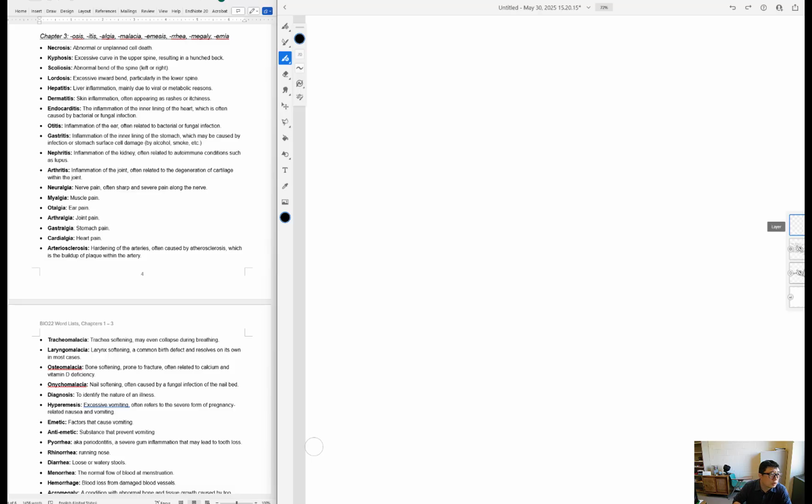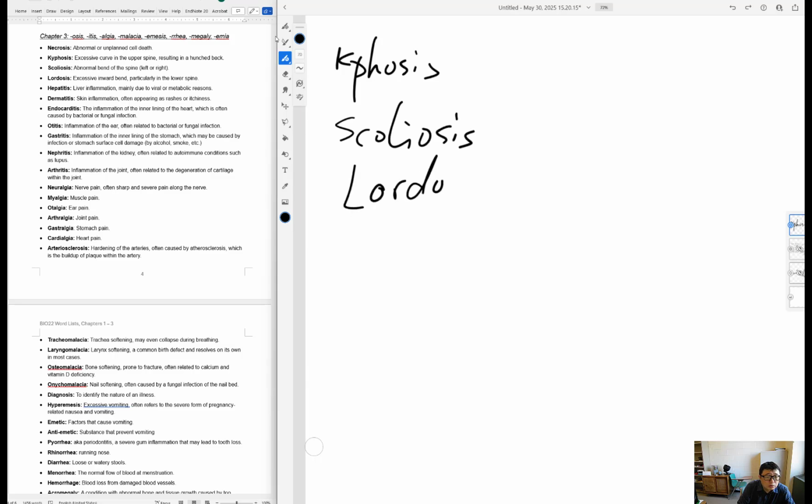Next there are three words: kyphosis, scoliosis, and lordosis. So what's the difference? All of those refer to the bending of the spine.